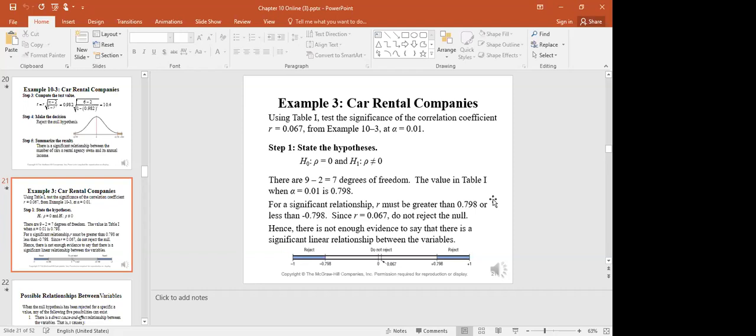When you are using table I, which is the PPMC table, the test value is r, the correlation coefficient. If you go to that table, you have two levels of significance, 0.05 and 0.01.